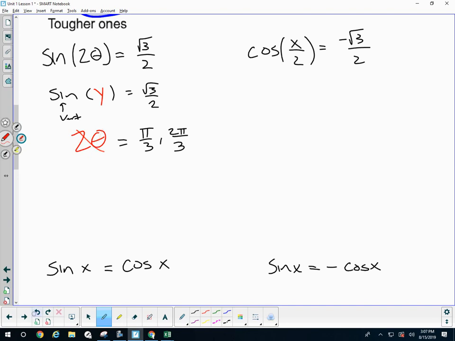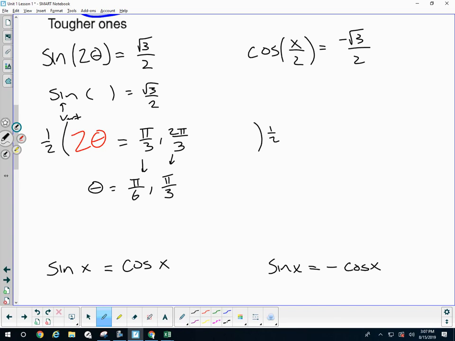Watch why that's important. Because to solve for theta, I need to divide by 2. I'm going to divide everything by 2. It's the same as multiplying by 1/2. So this turns into pi over 6. That is a solution for theta. This turns into pi over 3. Great. Those are my actual solutions.